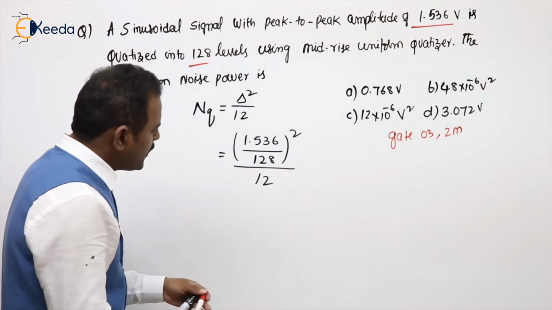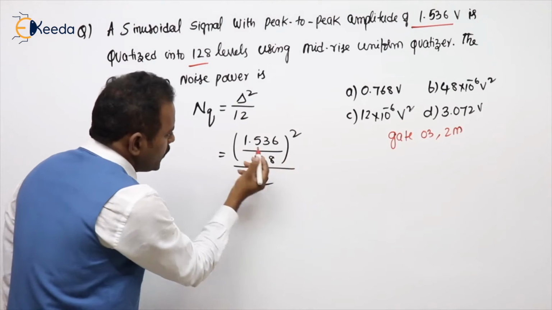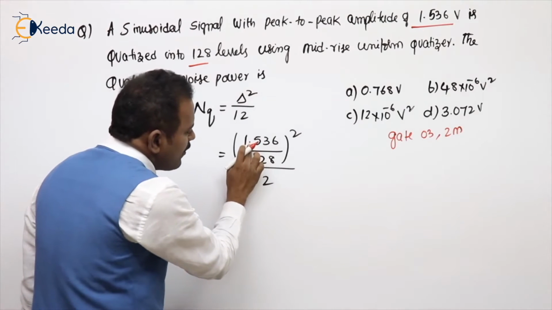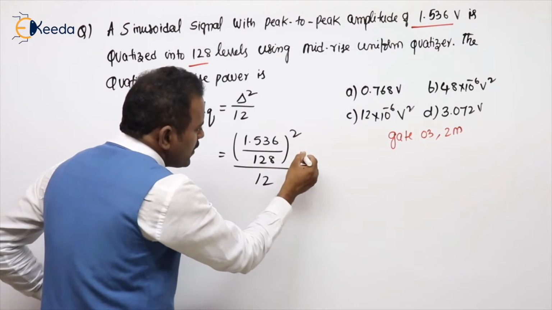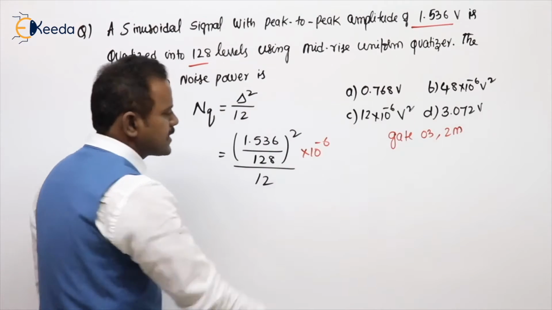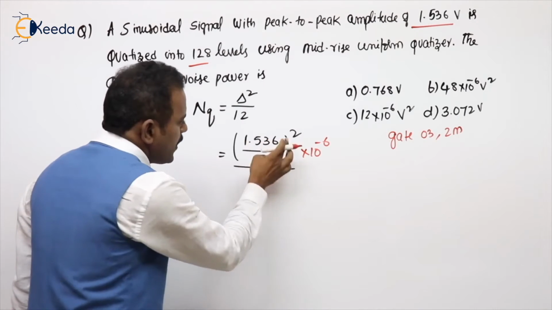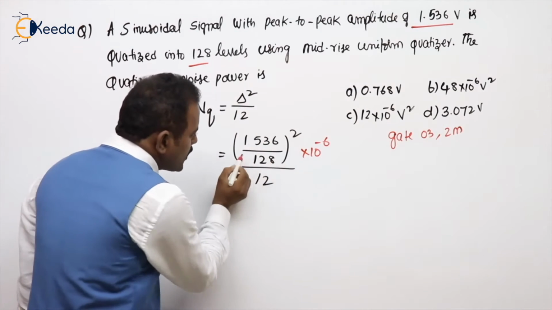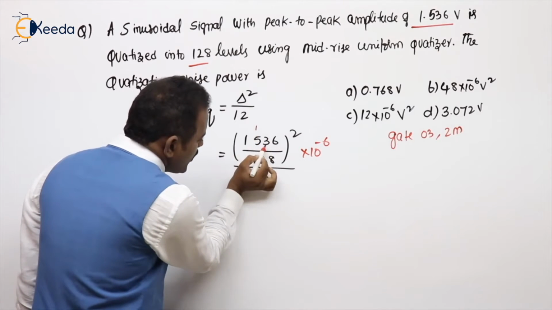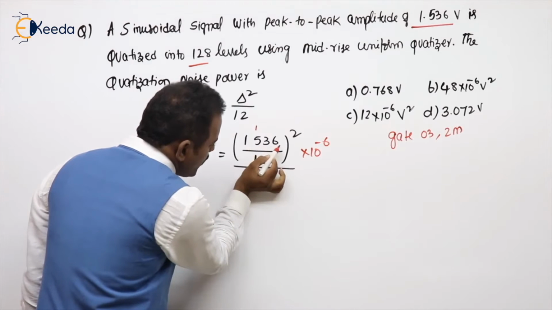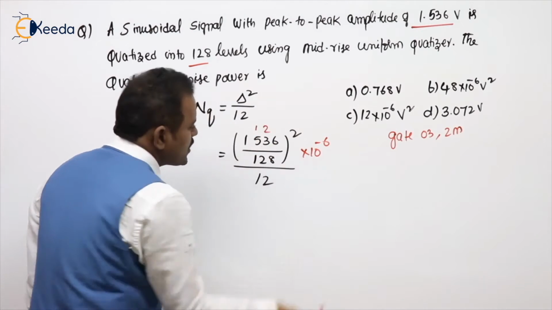So here, simply, you can see this is 1536. The 3 points we are avoiding means 10 power 3, in the square comes outside as 10 power minus 6, because these are the 3 points I am eliminating. And you can say 128 once 128, remaining is 256. 128 twos are 256.